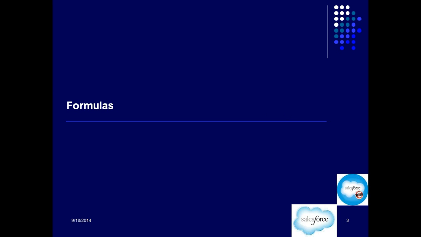So formula is simply a field type. Those of you who have created fields and gone to the new custom field screen might have seen a field type called formula, right? So formula is simply a field type where you can put a formula. What is a formula?